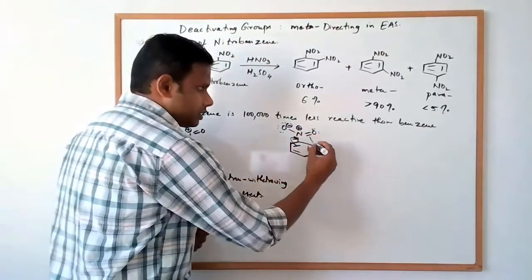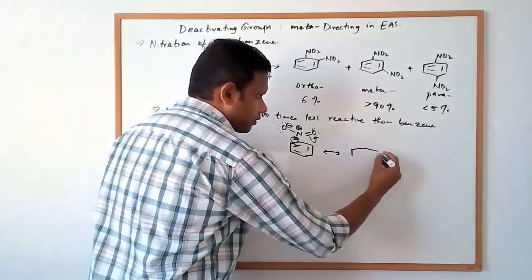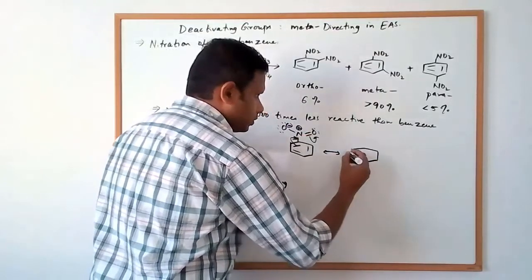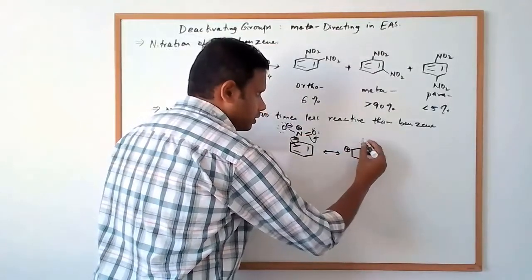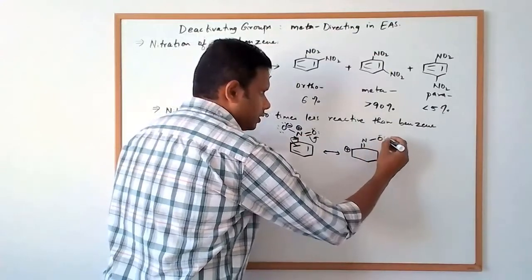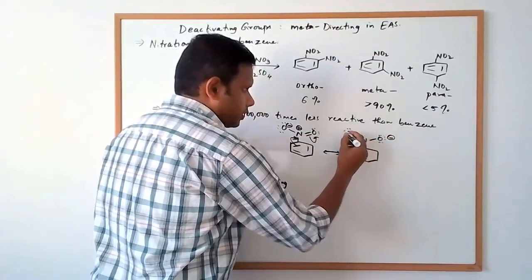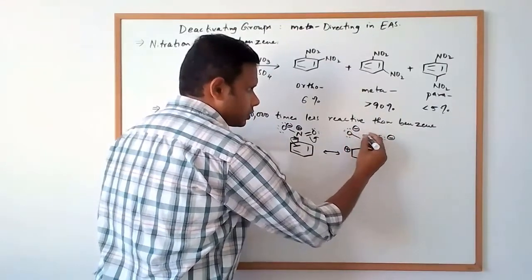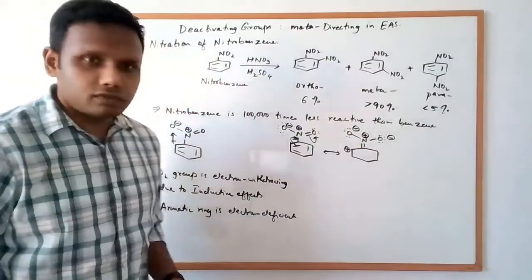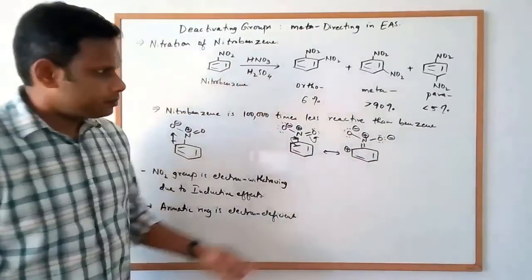And simultaneously, we can push this pi bond over. So the next resonance form is going to look like this, where we have a double bond between the nitrogen and the ring. The oxygens, both of them have a negative charge, and the nitrogen has a positive charge. Double bond here and double bond here.